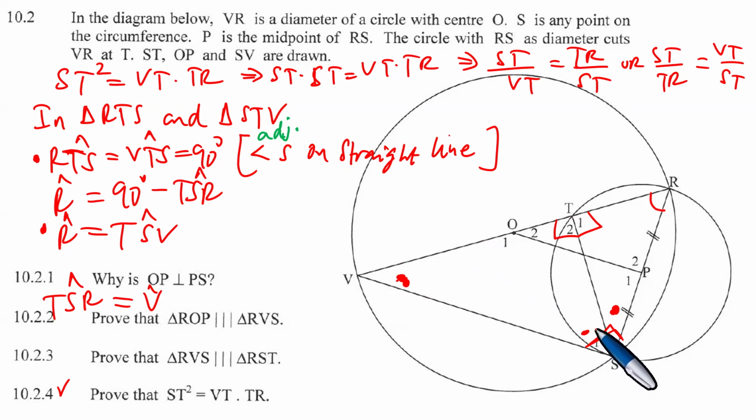We have taken care of VTS, 90 degrees, and this one, 90 degrees. We went on to mention angle R with the angle TSV, this one here. Which means that the angle TSR is equal to the angle V.